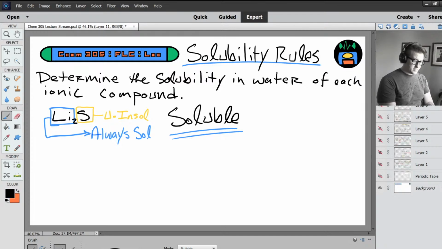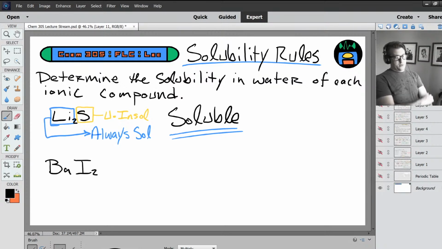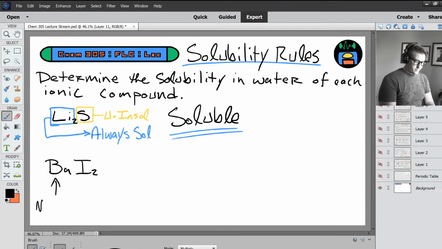Let's do another example. Looking at barium iodide. First off, barium right here is not listed. All right, barium as an ion doesn't fall under usually soluble, usually insoluble, no information there.